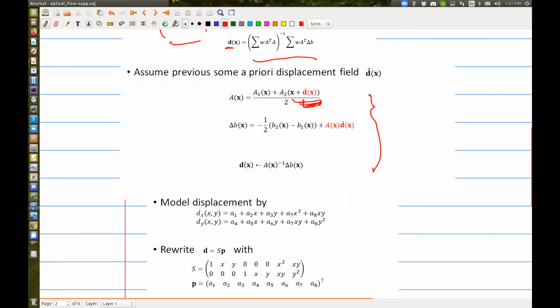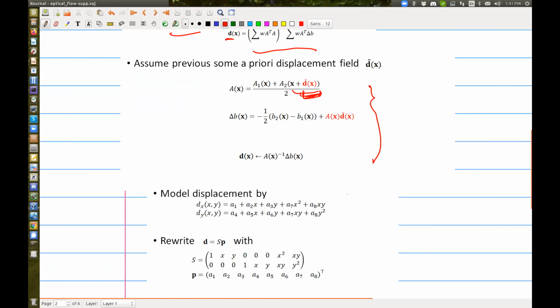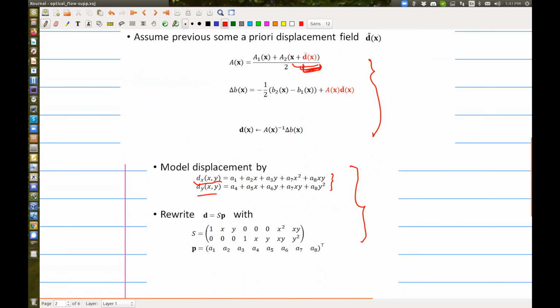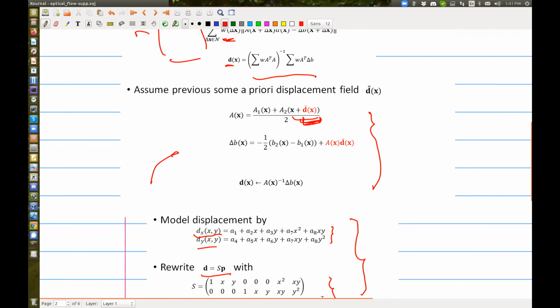Finally, in the actual algorithm, they also restrict the displacement expression. They will assume the displacement takes a polynomial expression, for example like this. Then your d here will be restricted to a certain polynomial expression, and you need to change this appropriately.